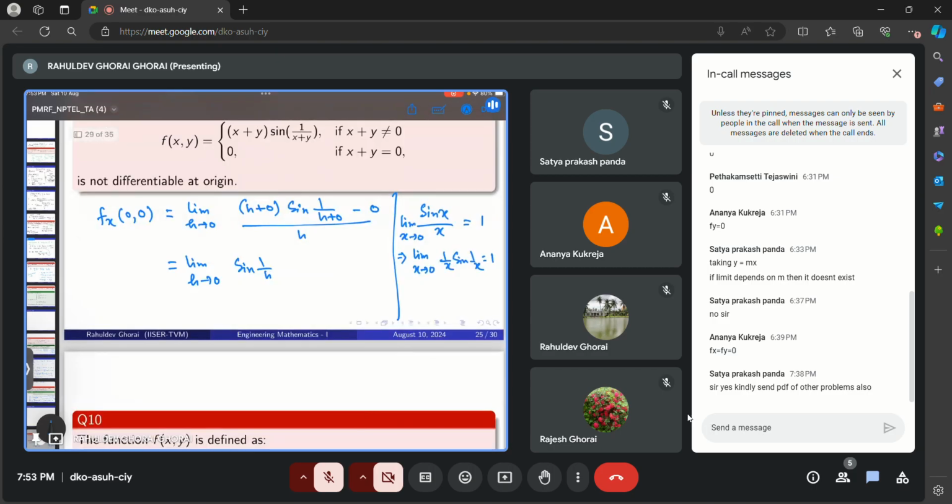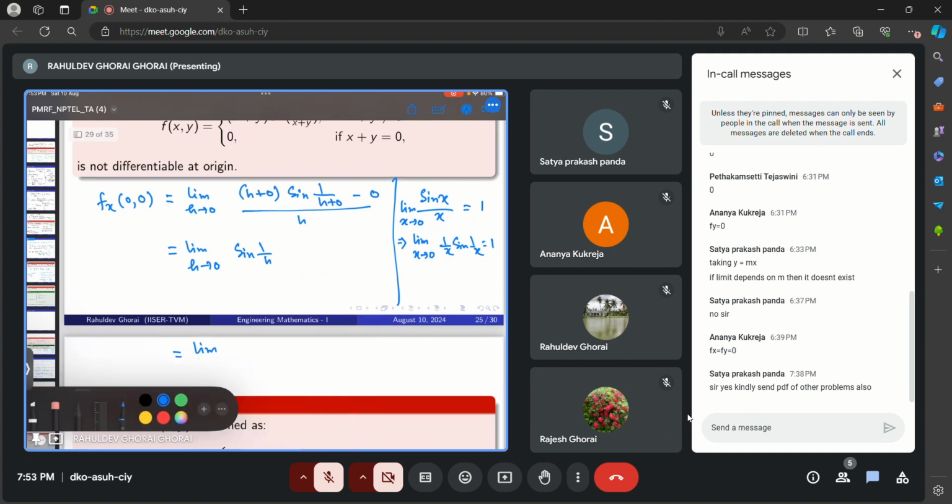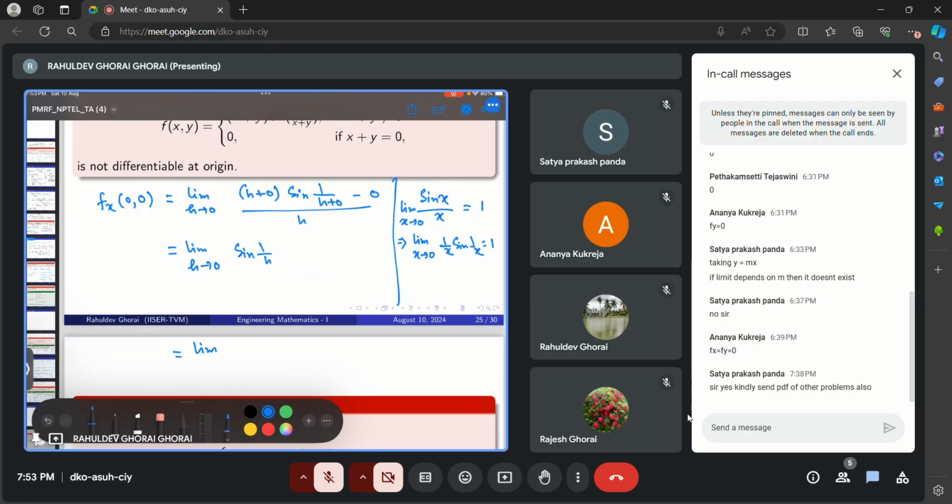If the limit as h tends to 0 exists, we can take h equal to 1 by n pi, where n tends to infinity. That is also converging to 0, right, as n tends to infinity.